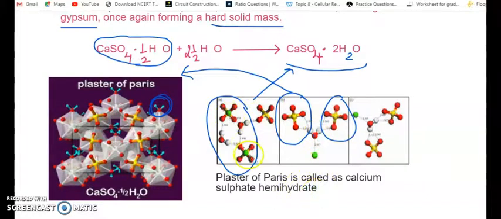When two calcium sulfate molecules have two water molecules together, then it is gypsum. So this is the structure of gypsum and this is the structure of plaster of Paris. Clear? So when we heat gypsum, what happens? One molecule of water will be removed, so two molecules have to share only one water molecule among themselves. That becomes hemihydrate.